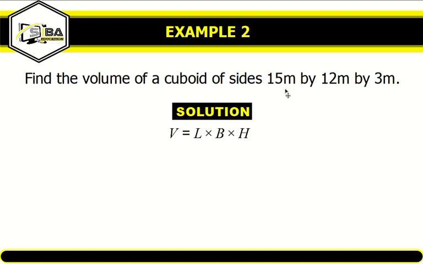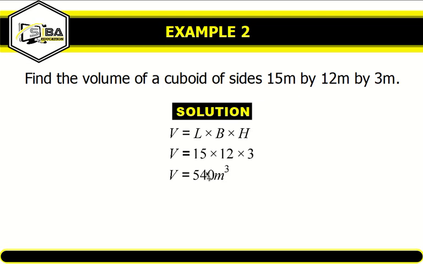Since the dimensions have been specified here, we just substitute them into our equation. And we get volume equals 15 times 12 times 3. When we multiply these three numbers carefully, you'll get 540 cubic meters.